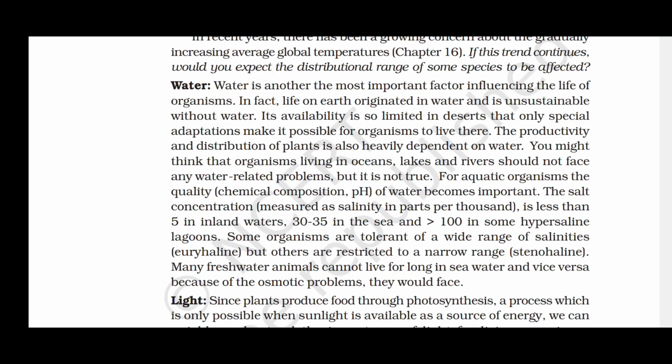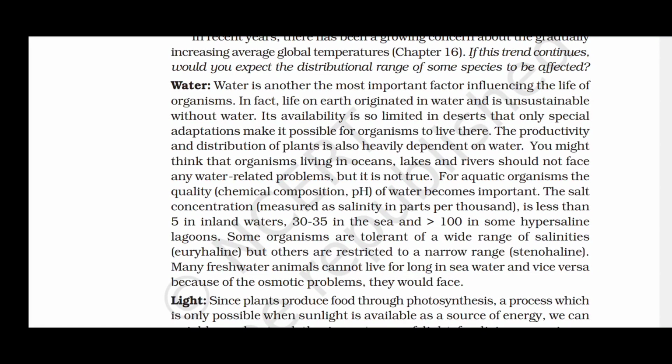Some organisms are tolerant of a wide range of salinities, euryhaline, but others are restricted to a narrow range, stenohaline. Many freshwater animals cannot live for long in seawater and vice versa because of the osmotic problems they would face.